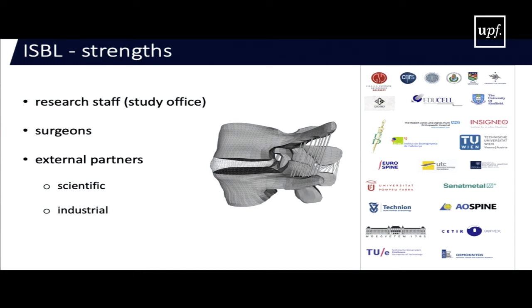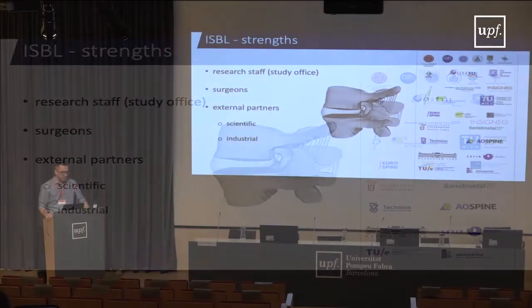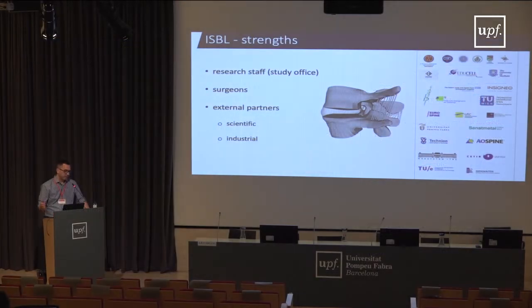I also want to acknowledge the external partners, the scientific and academic partners from different countries, like UPF, like Jérôme, and also some partners from the industrial field. I can tell you that without these partners, we couldn't do anything. And here I want to emphasize the importance of knowledge transfer between different partners and different fields of science, clinical and basic science.